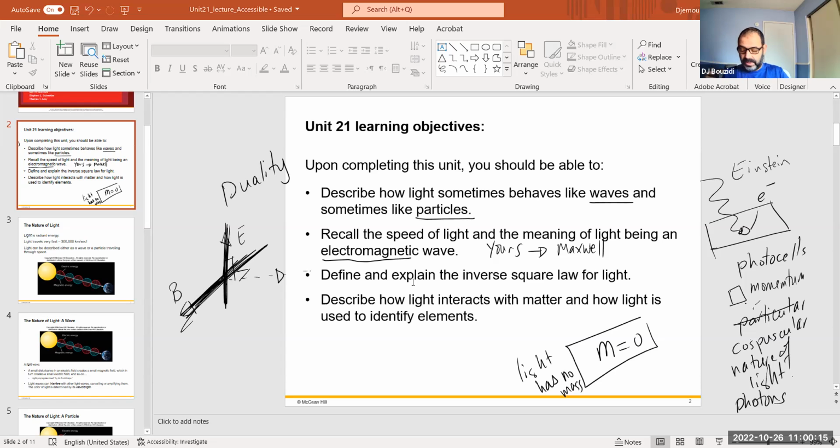Like the string, for example, where the string is actually the medium, or the air, which is the medium for sound, or for seismic waves, where the earth is the medium, or for water waves, which require water. Light does not require a medium at all. It can travel in vacuum. How do we know that? Well, the sun is 150 million kilometers away from us, and there is no material between us, yet we see it because light is traveling from it to us.